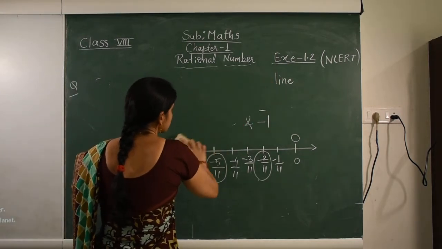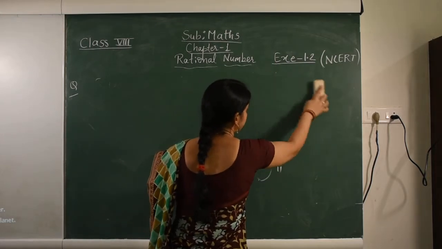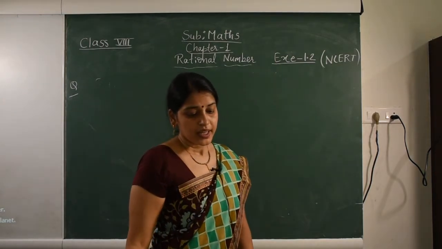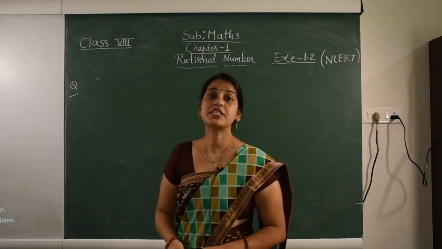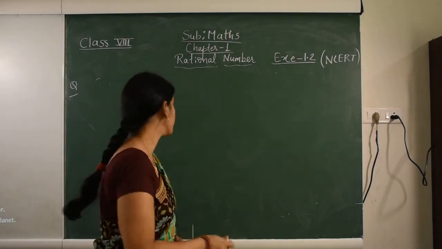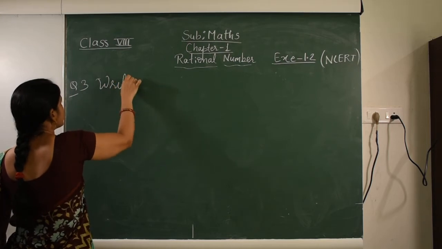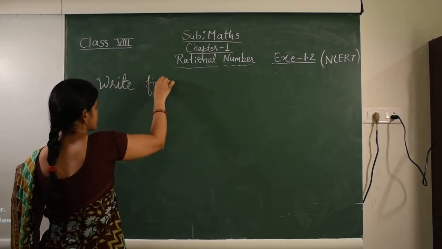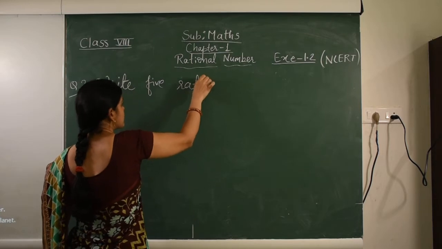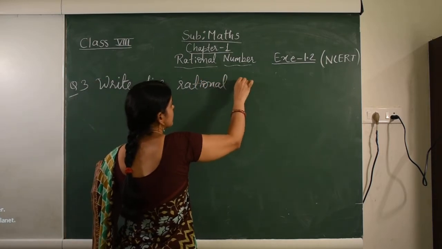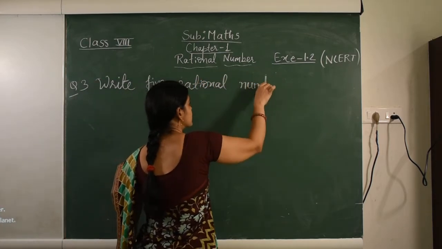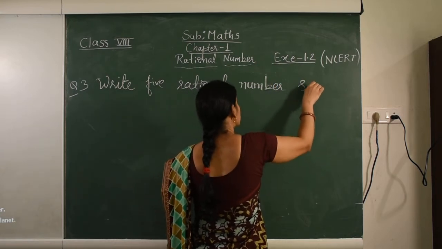The third question is: write 5 rational numbers which are smaller than 2. Smaller means छोटे, that is, numbers smaller than 2.